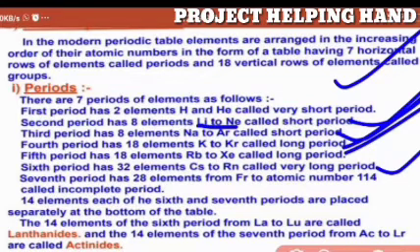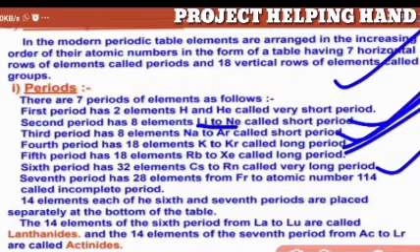And then the seventh period has 28 elements, from francium onwards, and it is called the incomplete period, because the period is not complete.